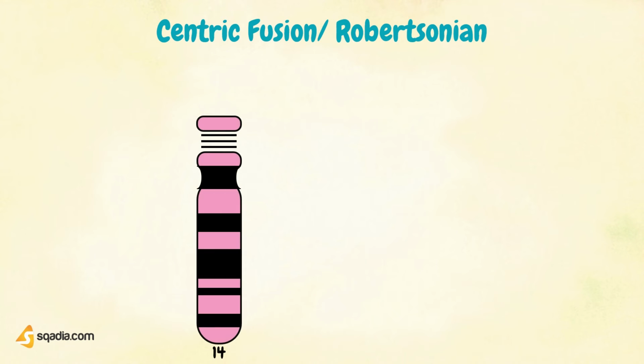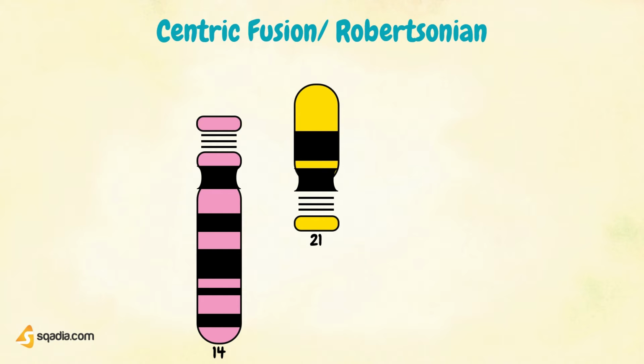Let's understand it. This is chromosome 14, and this is chromosome 21, as we have discussed that. Centric fusion or Robertsonian translocation between chromosomes 14 and 21 arises from breaks at or near the centromeres of 2 chromosomes.